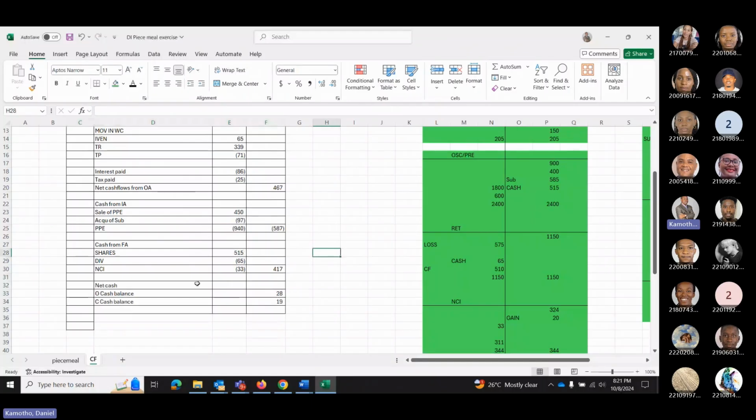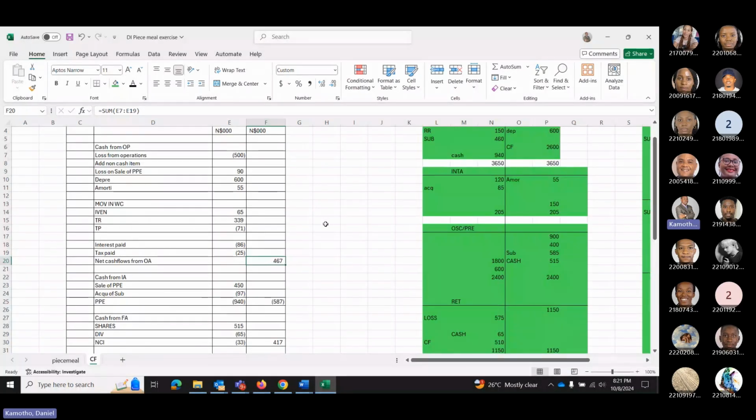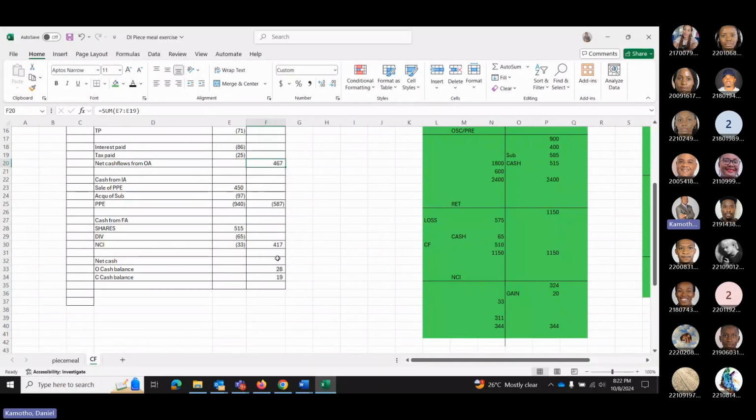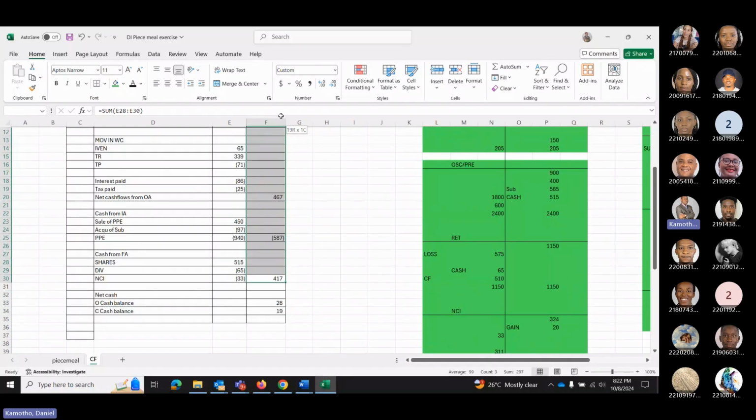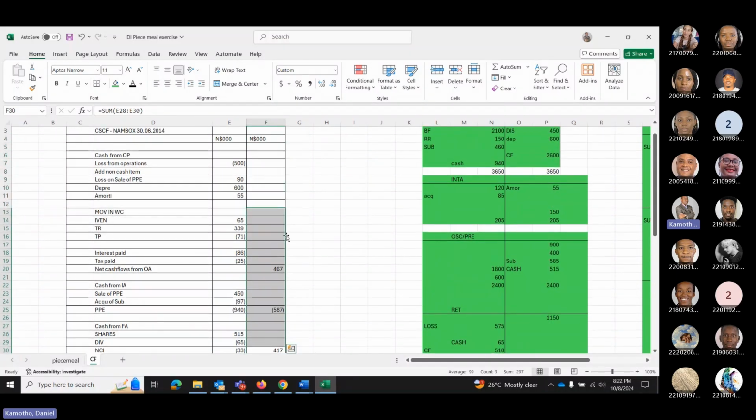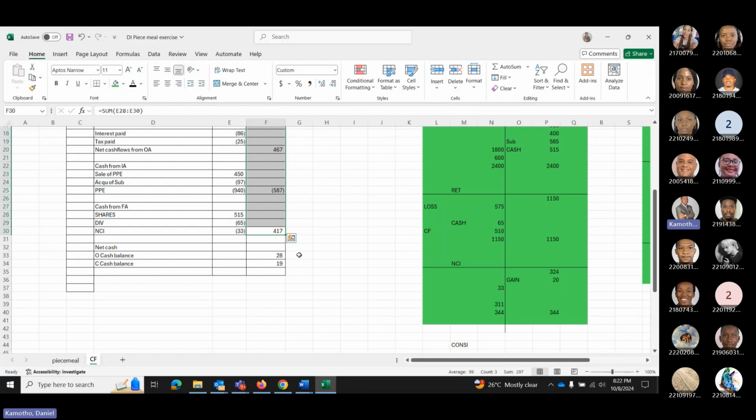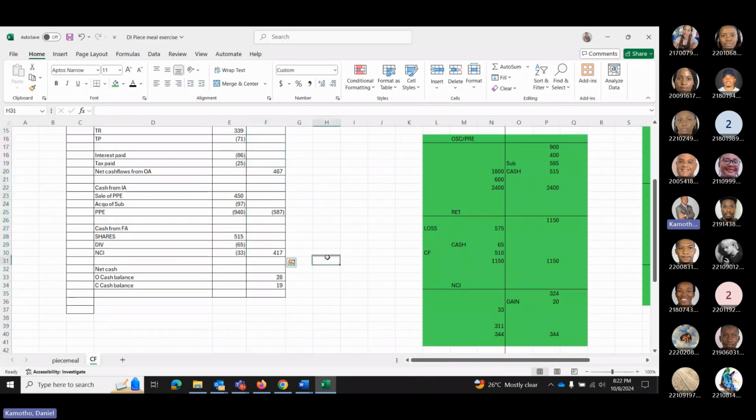If we want to get the net, which should be, is that correct? This is minus, minus, positive. This amount should be 900. If we add this, 900, how come this is 940?